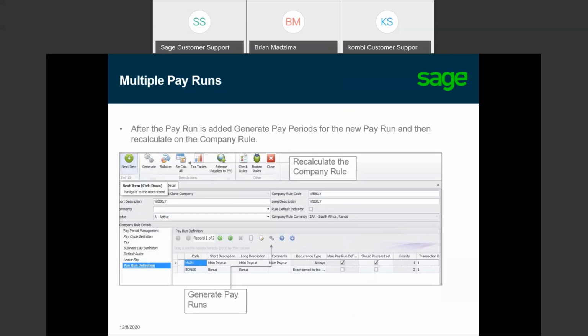So after the payrun is added, you can then generate pay periods for the new payrun and then recalculate on company rule. So that generate payruns or pay periods is that icon there with those two screws there, so that it can generate your payrun, so you can have particular periods that you can use that payrun for.